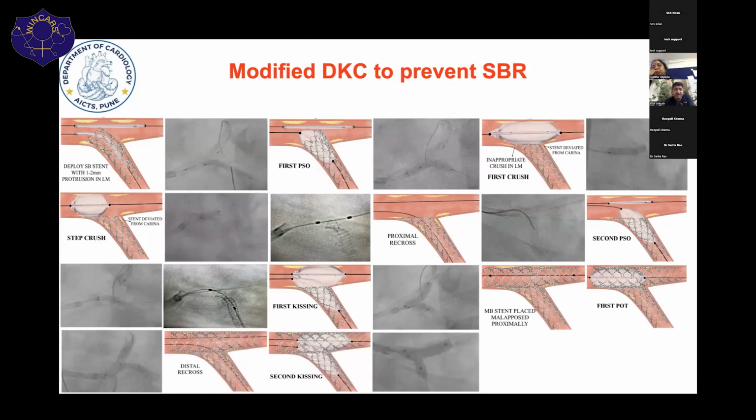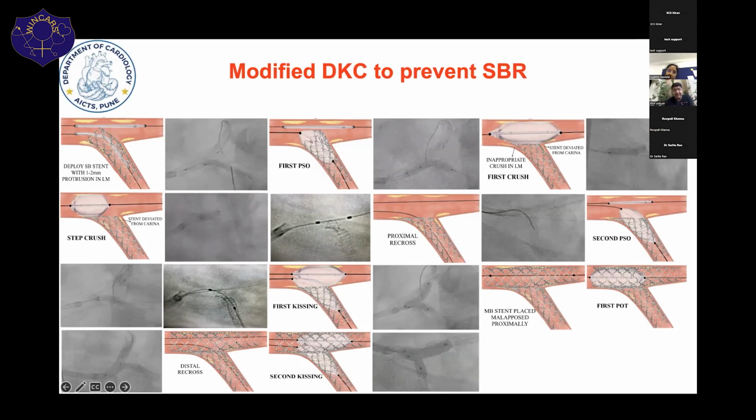Once you have done all these steps, like first PSO and second PSO, and you have apposed your stent to the carina, now the second recross should be from the distal half of the side branch ostium. Now, this effort is required. If you go distally, you will have a lesser length of neometallic carina.